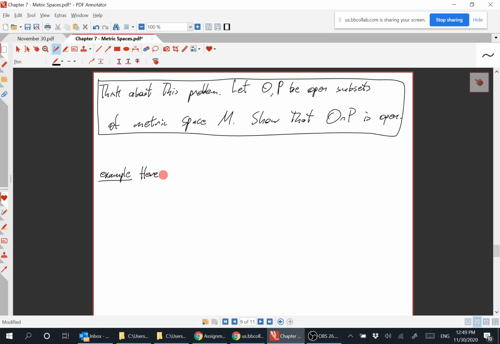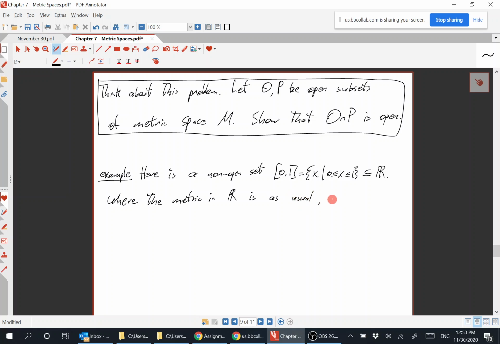All right, some examples of non-open sets. Here's a non-open set: the closed interval from 0 to 1 in the metric space R. So this is equal to the set of all x such that 0 is less than or equal to x is less than or equal to 1, which is a subset of the metric space R, where the metric in R is, as usual, the distance from x to y equal to the absolute value of x minus y.